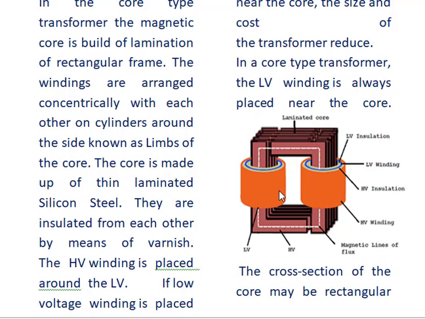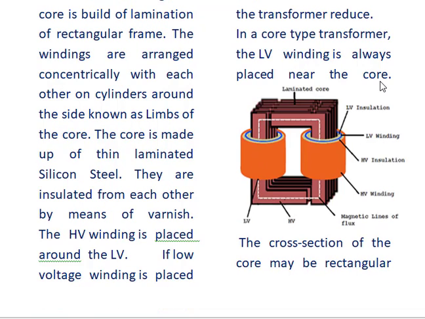In the same way, here also the low voltage winding is first wound on the limb, and then a high voltage insulation is wound over it, and then a high voltage winding is wound on the limbs. In the core type of transformer, the low voltage winding is always placed near the core. So the low voltage winding is first wound on the core, so it is nearer to the core.